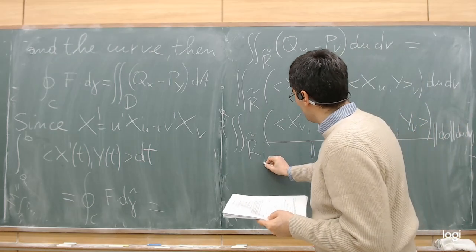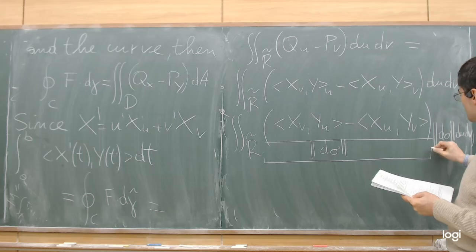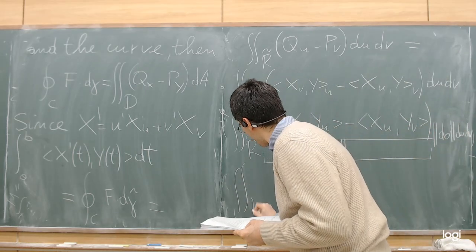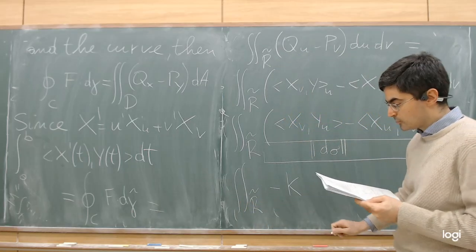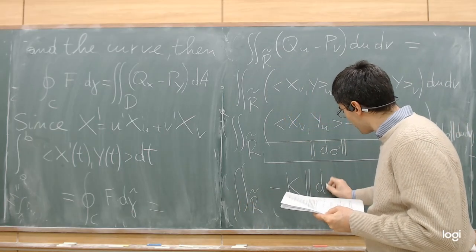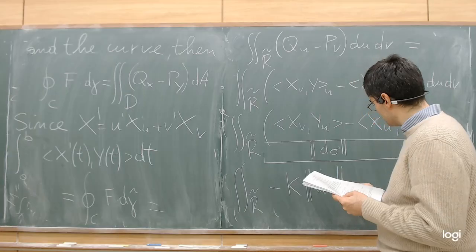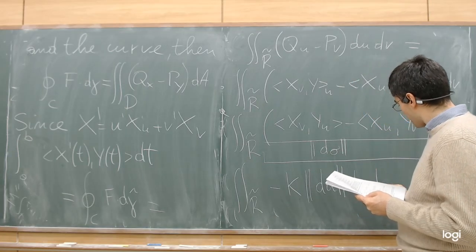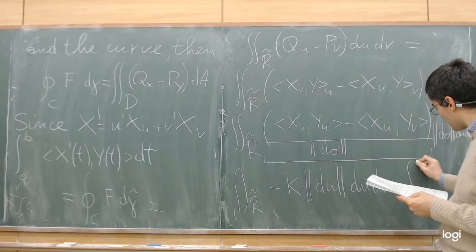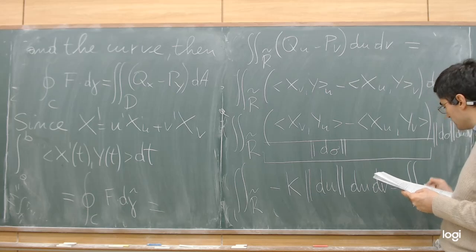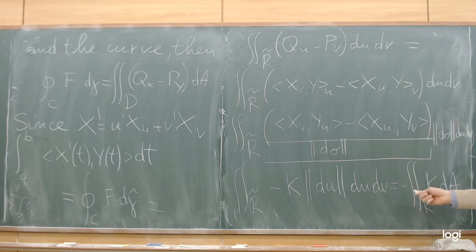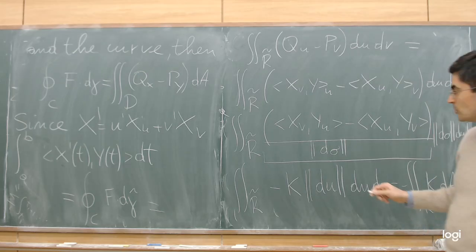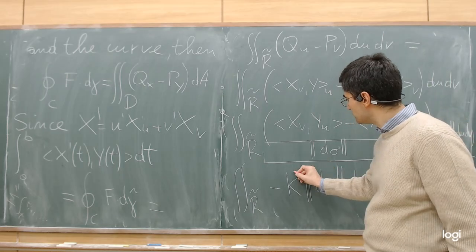And it remains to prove that this is equal to minus Gauss curvature, and this is equal to minus the double integral over r of k dA. So it remains to prove that this is true.